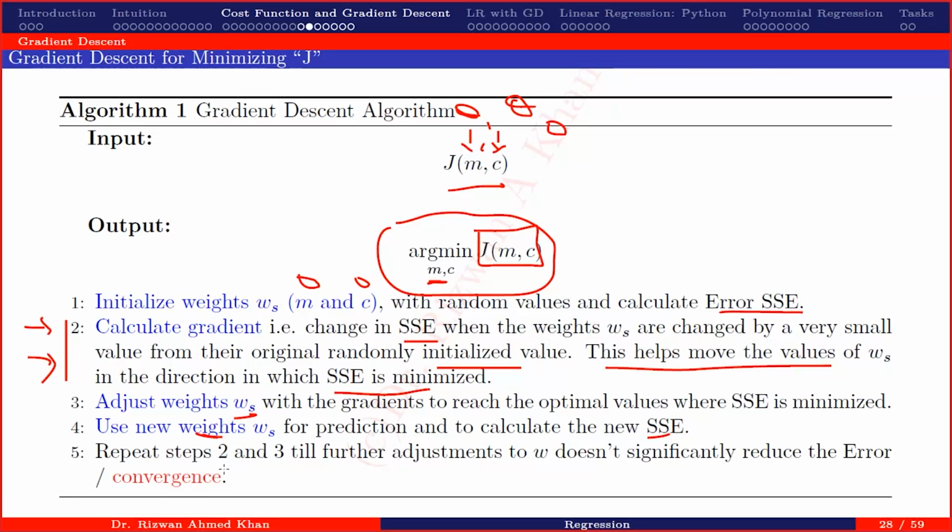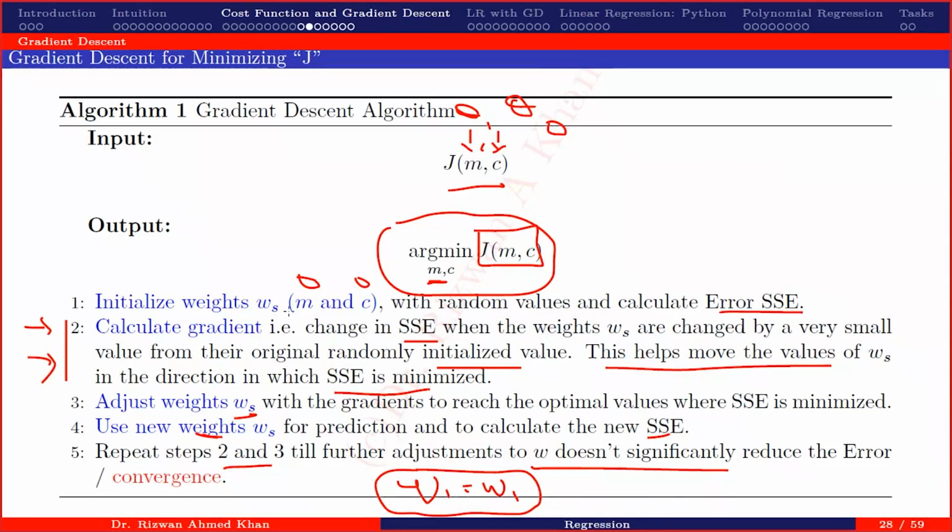And we'll keep on repeating steps 2 and 3 till further adjustments to W don't significantly reduce the error, or there is no change in W. So let's say after 2 or 3 iterations, W1 remains equal to W1, so there is no change, we can stop over here and say that the algorithm has converged. Or if the change is not significant, we can stop. So there are different stopping criteria for the algorithm, but this is the general idea.